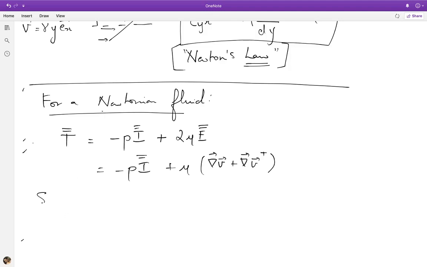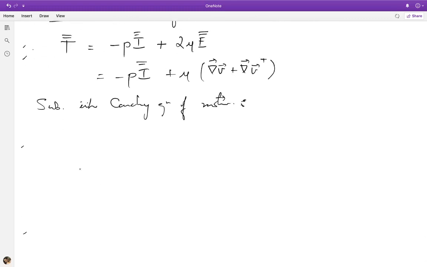Right, and if I now substitute this into the Cauchy equation of motion, then it will end up adding an extra term to what we had earlier seen from just the pressure forces, which is Euler's equation. What we would get is density times the material derivative of the velocity, the acceleration of a material point, is determined by the negative of the gradient of the pressure, and then we have the gravitational force as before.